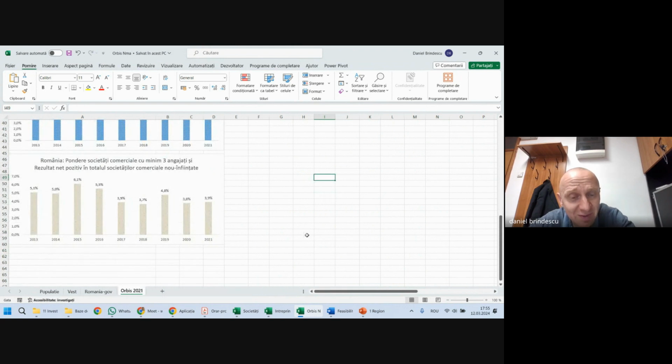And of the same startups, 3.9% have 3 employees or more and at the same time manage positive results, so profits and not losses.